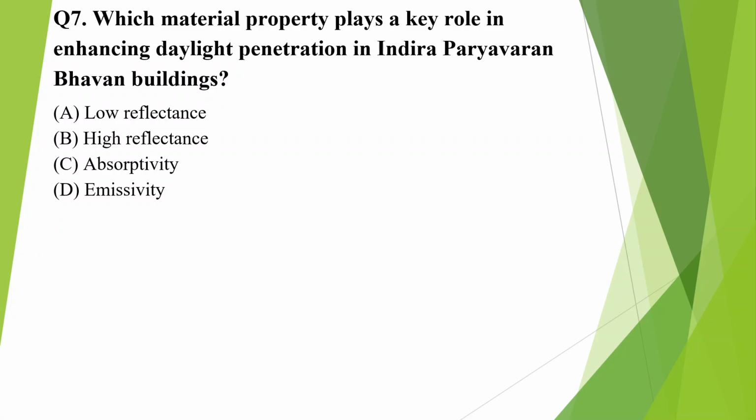That is light colored interior surfaces, or the high reflectance surfaces, you can say, which were utilized to improve the uniformity and reduce the need for artificial lighting in the Paryavaran Bhavan buildings. Fine, all of you who have answered are correct, and others can learn from your colleagues and correct yourselves for the future if such kind of questions are asked in the exam.